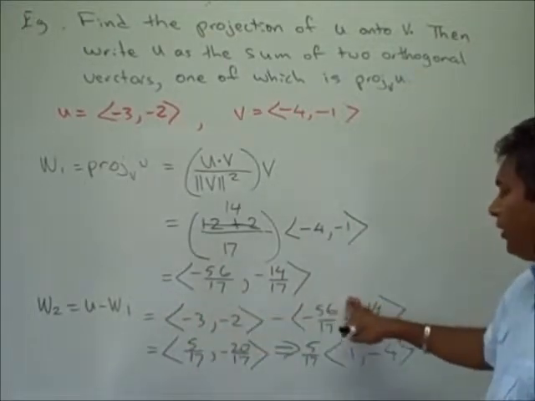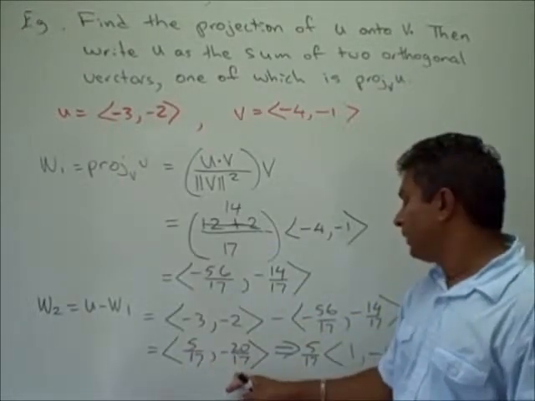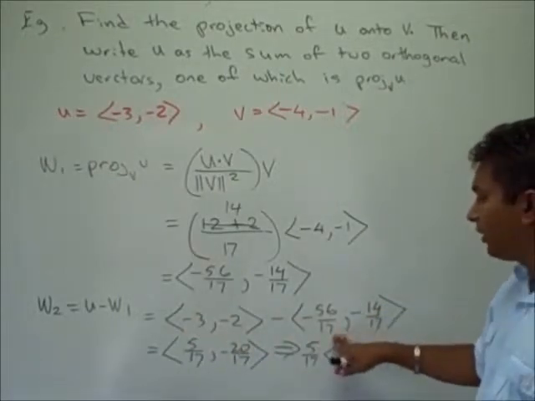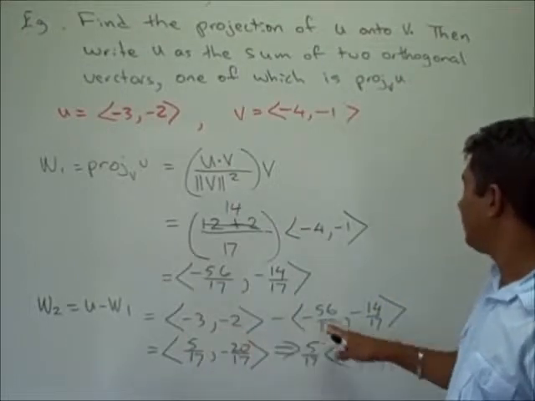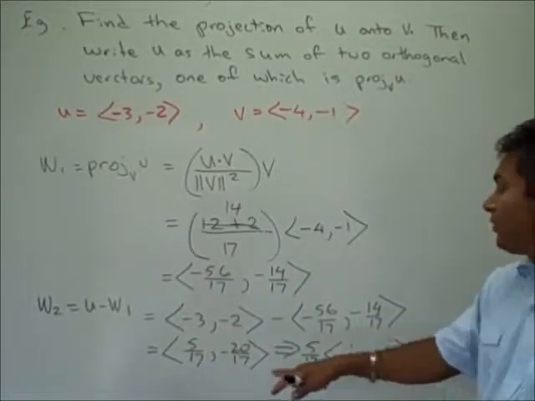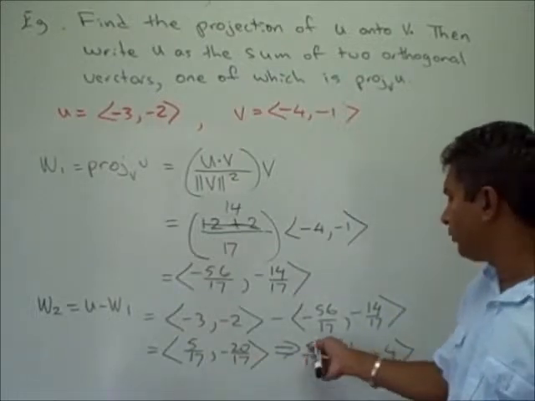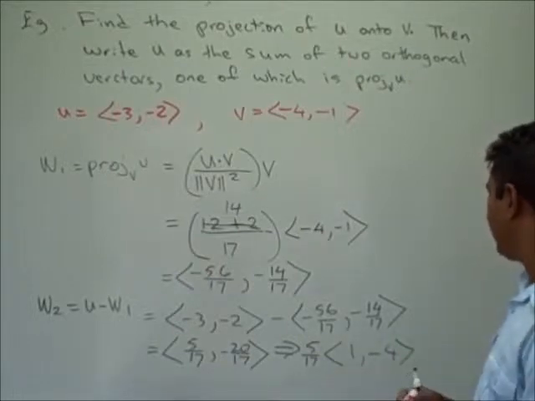So this minus this gives us 5/17 minus 20/17. So it's -3 minus -56/17, which gives us a positive 5/17, and -2 minus -14/17, which gives us -20/17. Now here we can factor out the 5/17, which gives us <1, -4>.